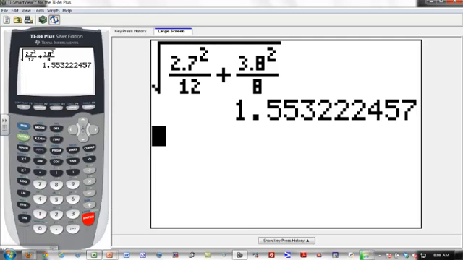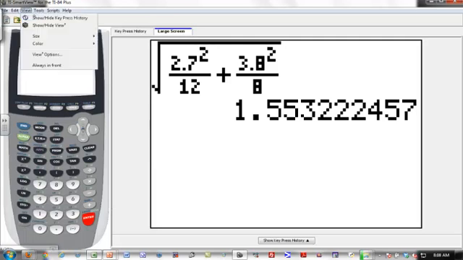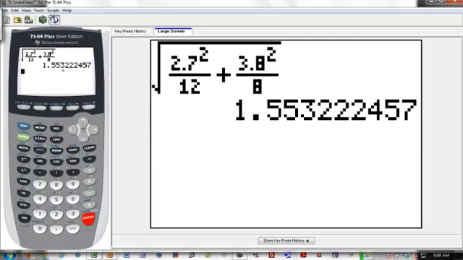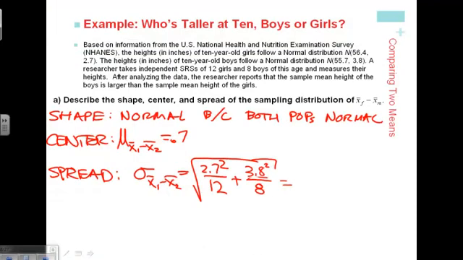If you do it with just parentheses, I have a hard time doing it correctly. So anyway, it ends up that we have a standard deviation of 1.55. And there we have it. Now, what's the kind of question that I could ask you about this? I do a sample. What's the probability that the boys are taller?